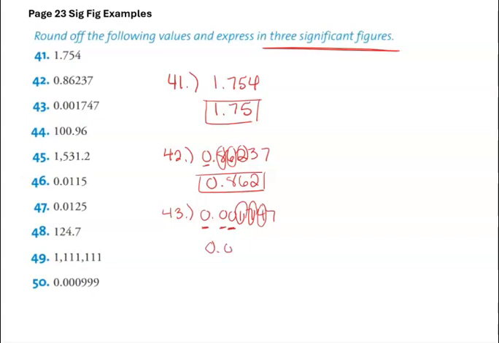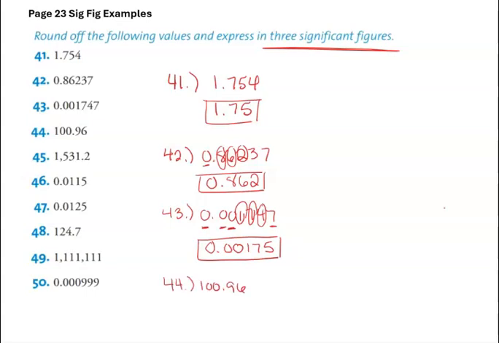And we're going to have to write these two zeros, even though they're not significant. Again, they act as placeholders as well. And then it's going to be 1, 7, and because we have a 7 here, we're going to have to round up to a 5. So this is our answer, 0.00175.